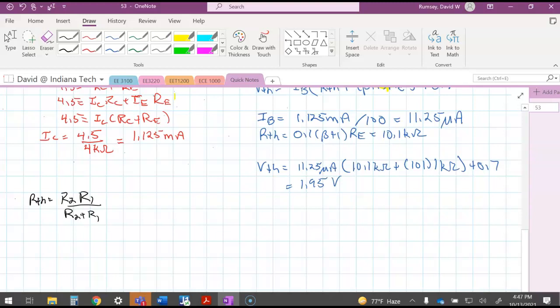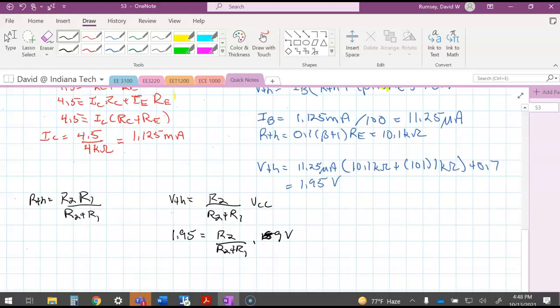And V Thevenin is equal to R2 over R2 plus R1 times VCC. So I'm going to plug some numbers into this equation. I have 1.95 is equal to R2 over R2 plus R1 times, not 18, 9 volts.